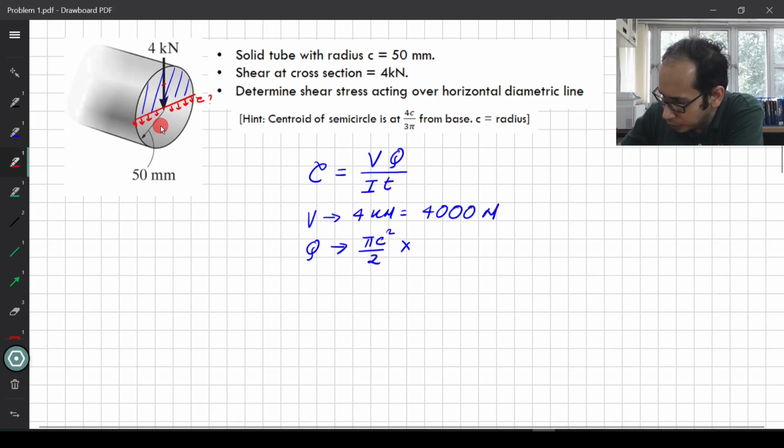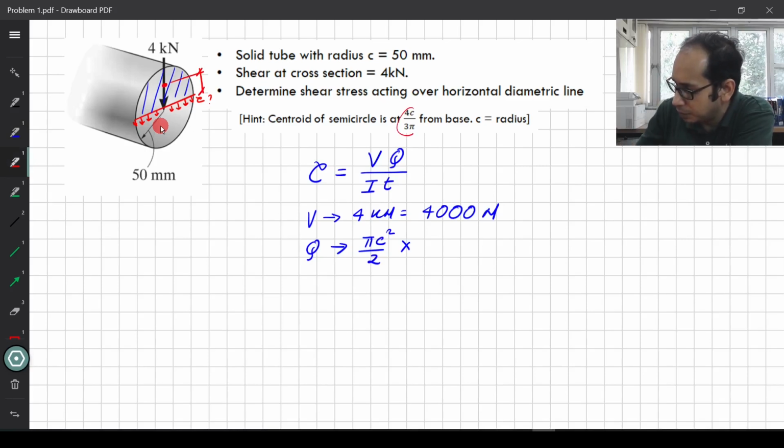Let's say the centroid lies somewhere over here. This distance is given as 4c by 3 pi from the base. From the base means I'm calculating from here. So from the base, this is 4c by 3 pi.